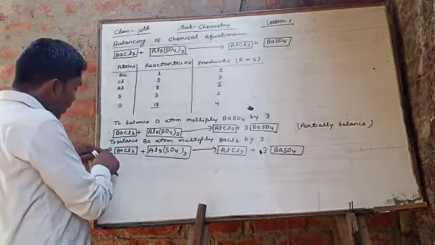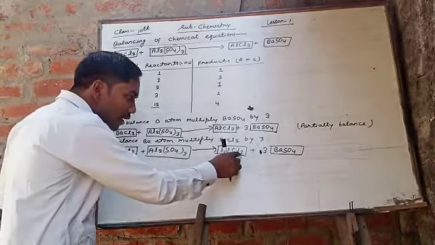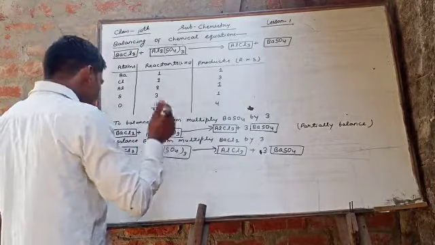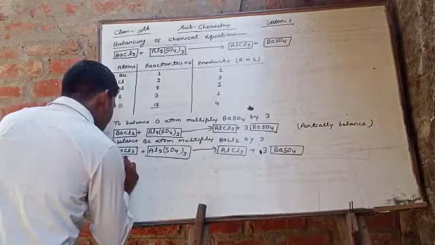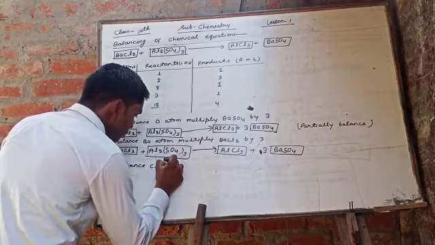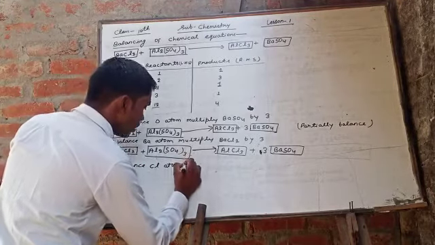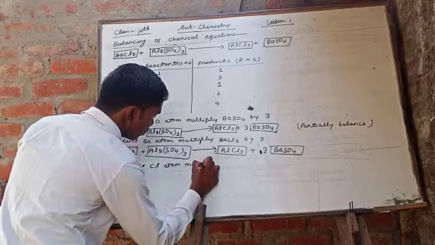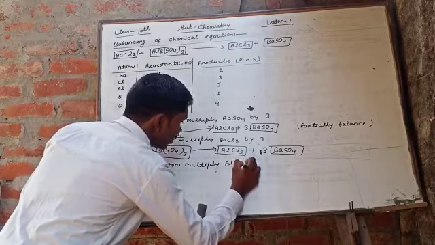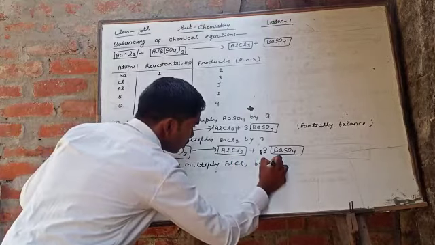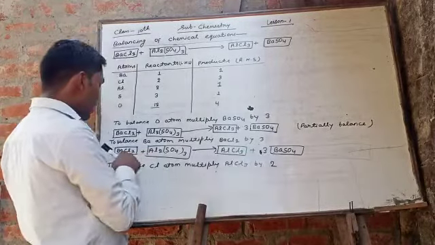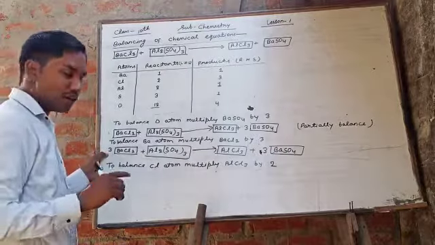Now from here we get 3 2s are 6 chlorine, and here it is 3 chlorine. So now we will balance the chlorine atom. To balance the Cl atom, multiply AlCl3 by 2, because when we multiply it by 2, 3 2s will be 6, and here also chlorine is 6.